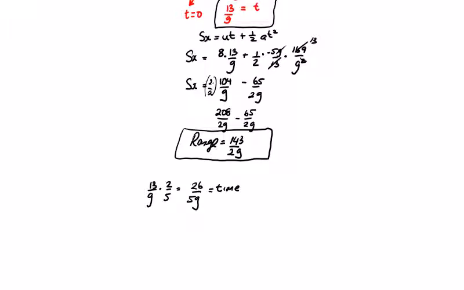So we need to see how far it's traveled in this time. So s of x in this time is going to be 8 times 26 over 5g plus a half times a, which is not changing, minus 5g over 13 times t squared, which is 26 squared over 25g squared.